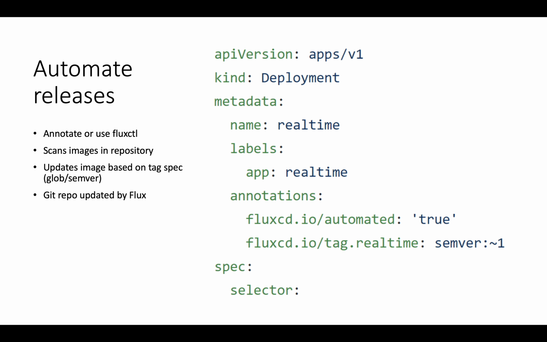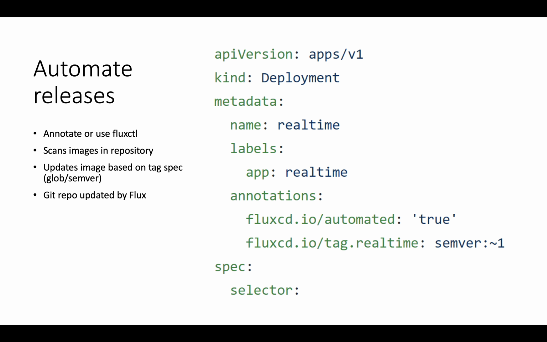In this case is an example. We set automated to true, and we also have said, look, the tag for our real-time app, we'll use a semantic versioning filter, and everything which is major version 1, if there's something like 1.1.1 or 1.10.10, whatever, you're going to automatically deploy that. You're going to automatically do this for us.